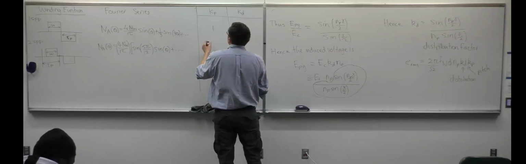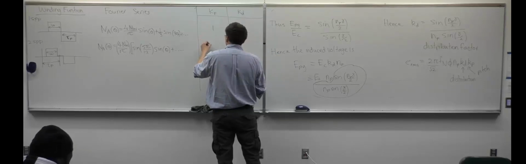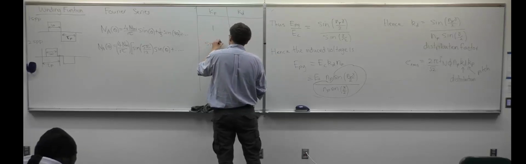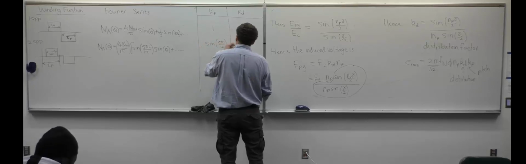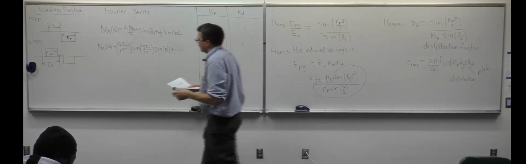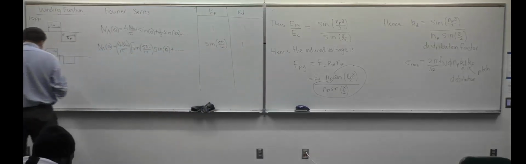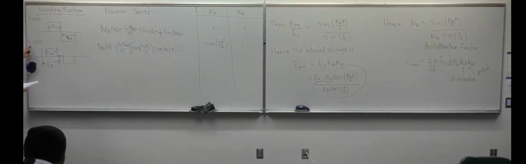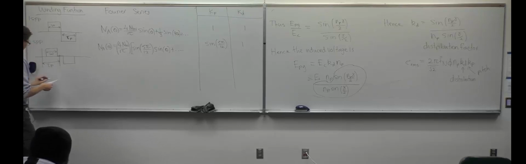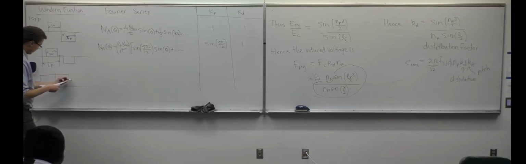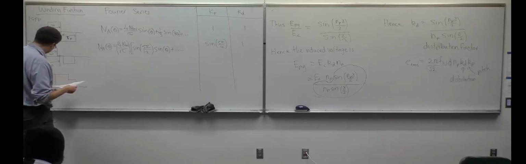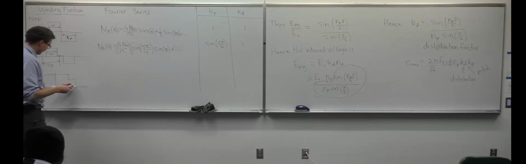So this is now sine 5 pi over 12, and this is 1. And then the third one, we had 2 slots per pole per phase, and then we had 1 slot chording. And so it looks something like this.